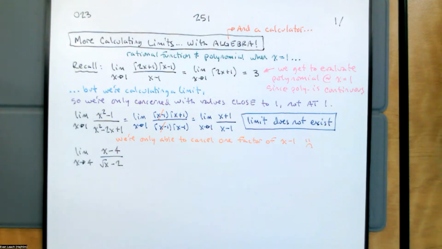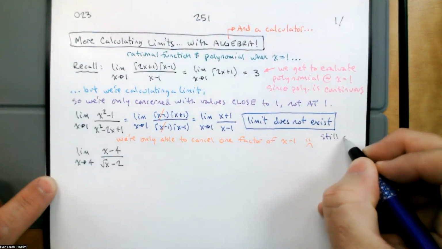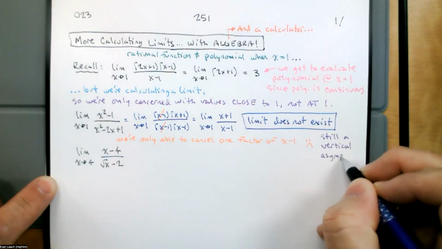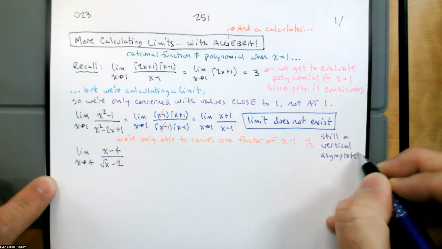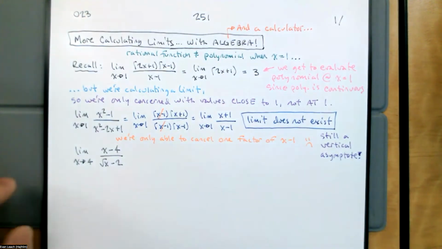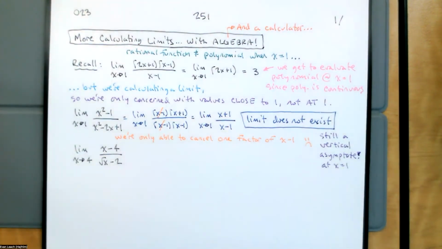So here we were only able to cancel one factor of x minus 1, so we still have a vertical asymptote. So there's still a vertical asymptote at x equals 1. This is reminding us of some stuff about rational functions.